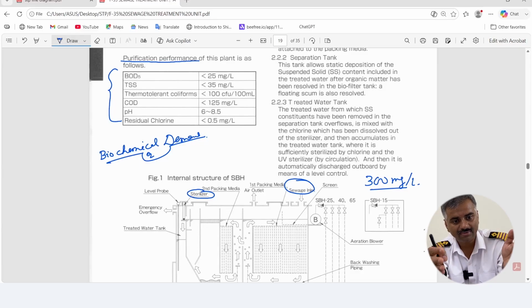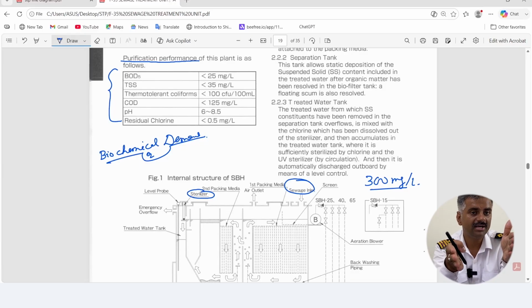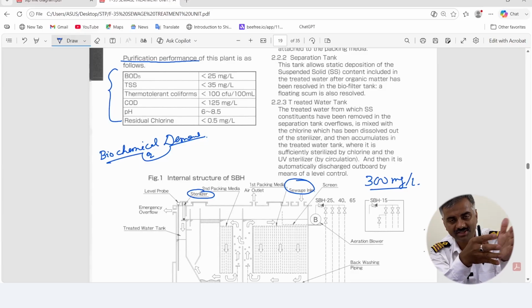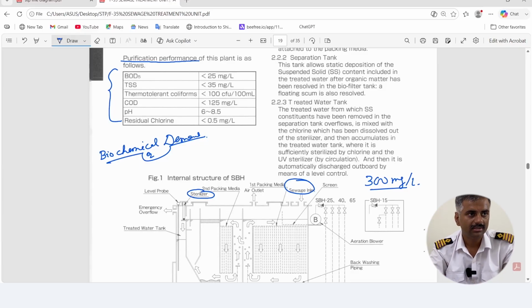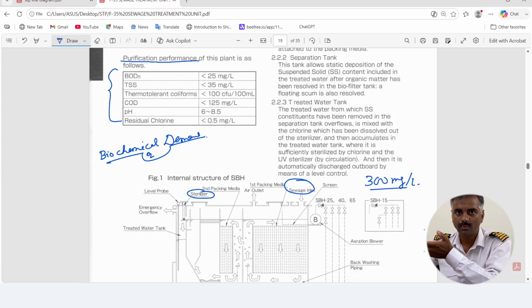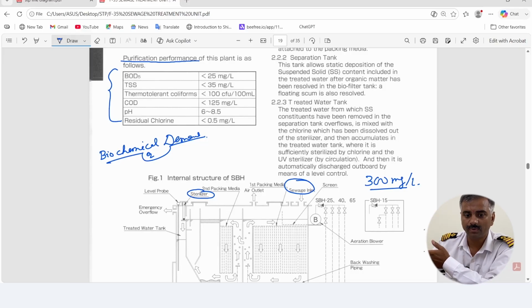So that is our criteria for measuring the quality of the effluent that has been treated. What is the quality of treatment? If you have 300 mg per liter, or 300 ppm, initially required from where the sewage is entering, this is the amount of oxygen required.